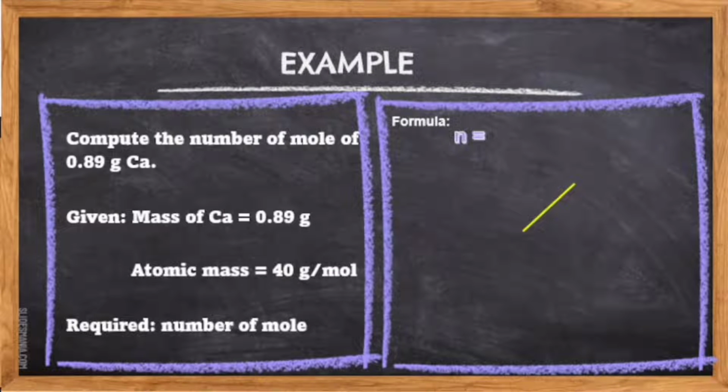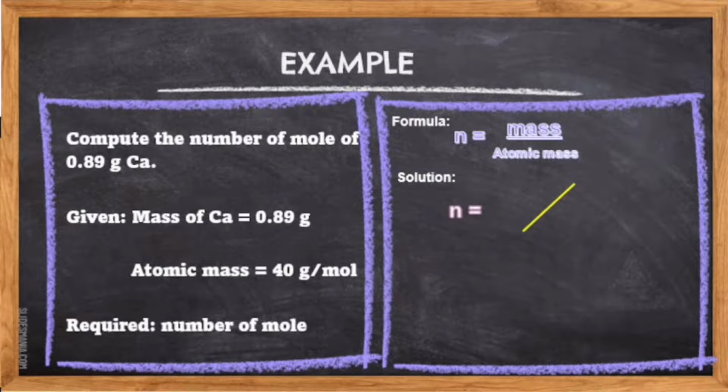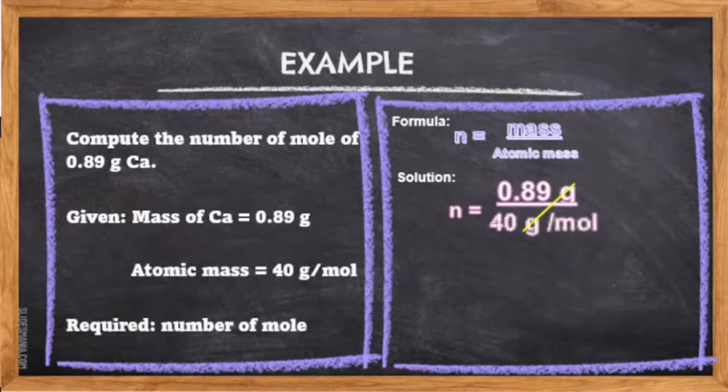For the formula, number of mole is equal to mass divided by the atomic mass for an element. So for the solution, 0.89 grams divided by 40 grams per mole. Cancel the grams so that you are left with the unit mole. So you will have an answer of 0.22 mole.